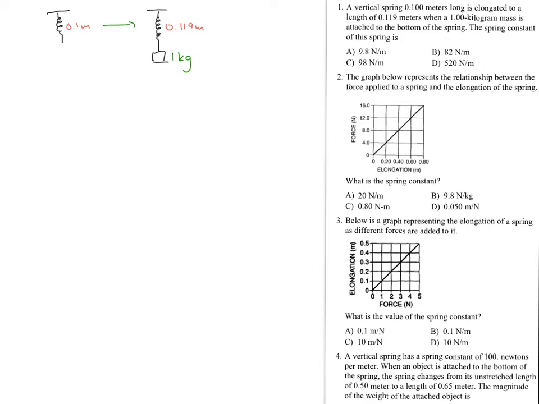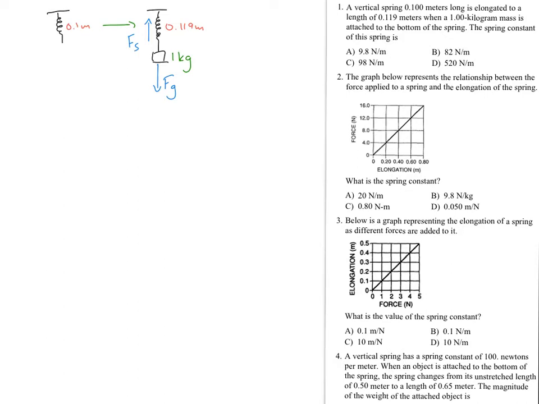Okay, so first we're going to do a little bit of force analysis here. Let's do a different color. So when you hang a mass from the bottom of a spring, you're going to have the force of gravity pulling down on the spring. As a result, the spring force is going to go back up.